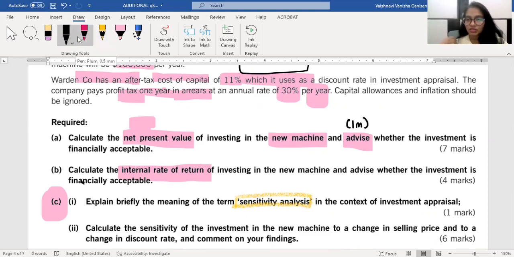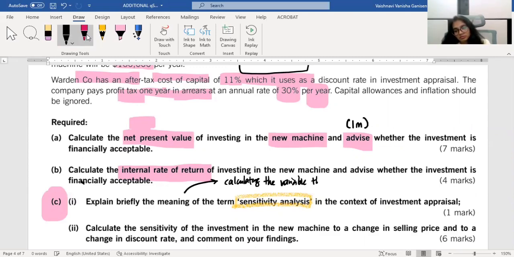So guys, you need to understand that when he says sensitivity in the context of investment appraisal, that means what you are doing is calculating the variable that will affect the NPV in such a way it will become 0. Make sure you write it in full sentences. Now, he's only giving you 1 mark, so don't waste time. You will definitely get 1 mark here.